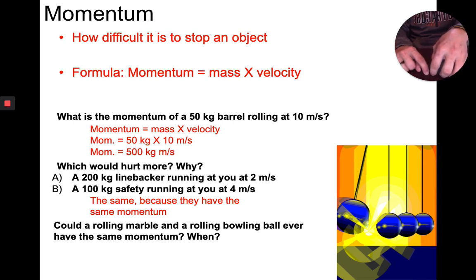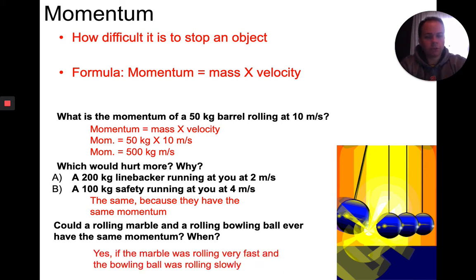What if I had two equal-sized balls? Same mass, moving the same speed, they would collide, and then they would bounce, and they would be moving apart at the same speed because they had the same momentum. Could you ever have a large bowling ball and a small marble that have the same momentum? Well, you could.